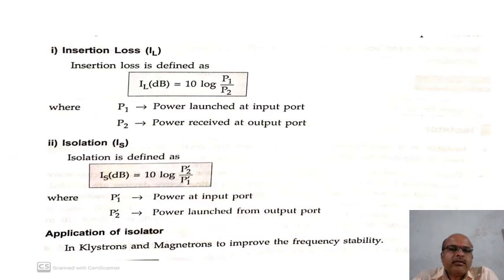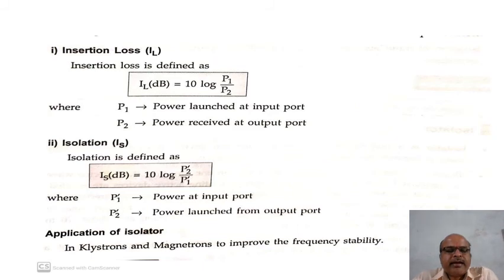In the isolator, the first parameter is insertion loss. Insertion loss is defined as 10 log of P1 to P2, where P1 is the power launched at the input port and P2 is the power received at the output port. The next parameter is isolation.